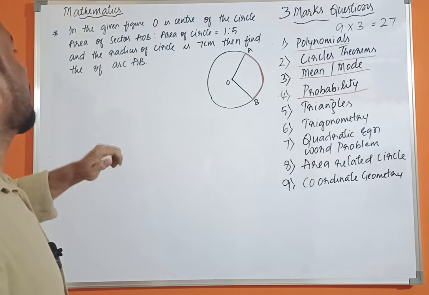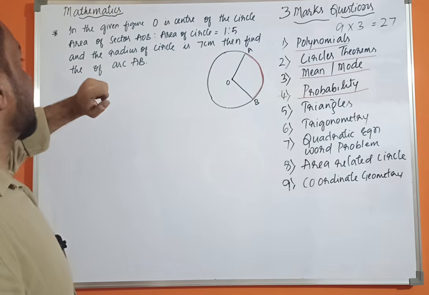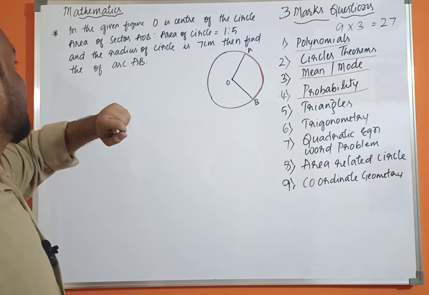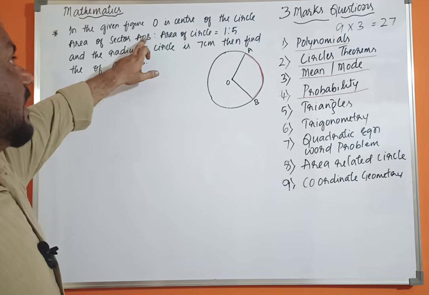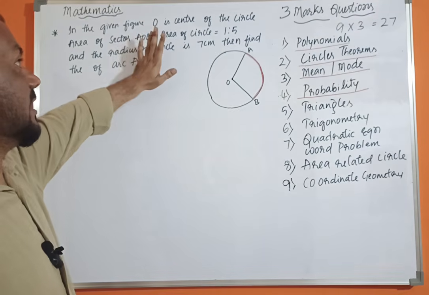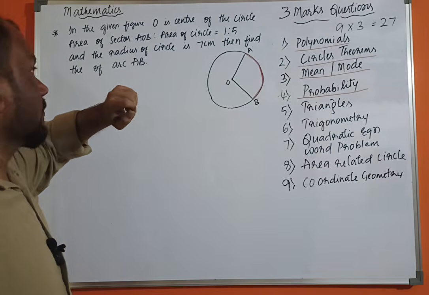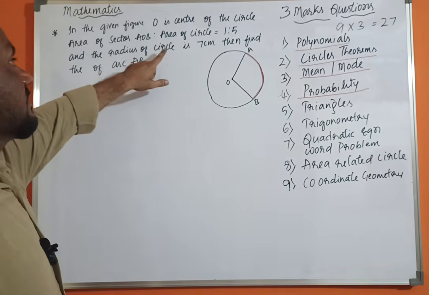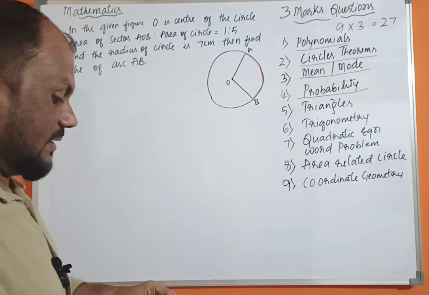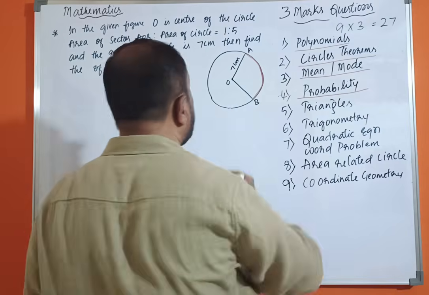Now in the given figure, O is the center of the circle. The ratio of the area of sector AOB to the area of the circle is 1 is to 5, and the radius of the circle is 7 centimeter. The radius is how much? 7 centimeter.